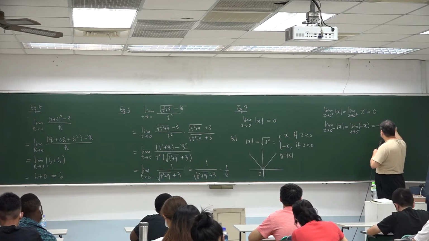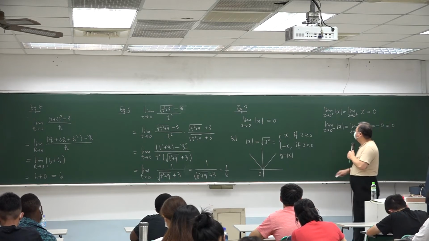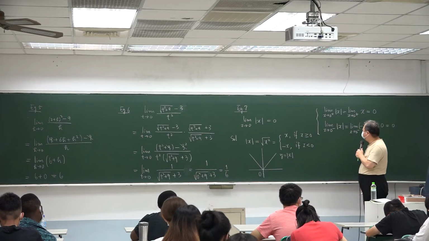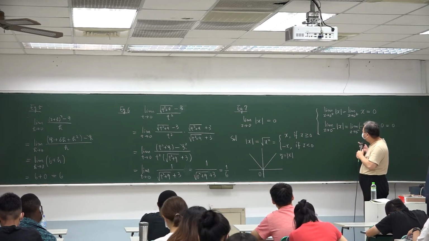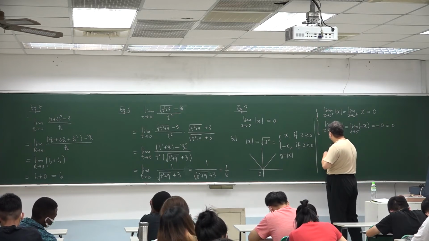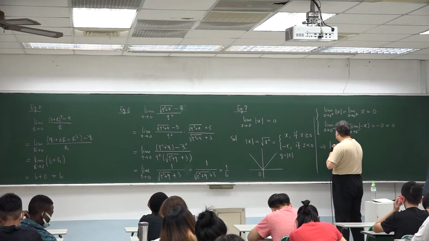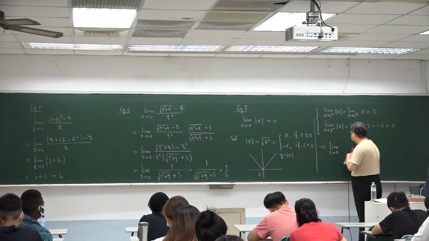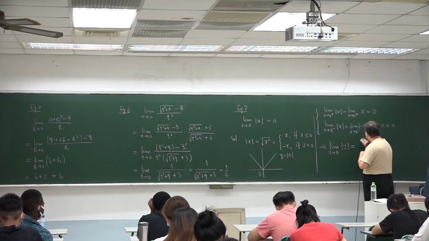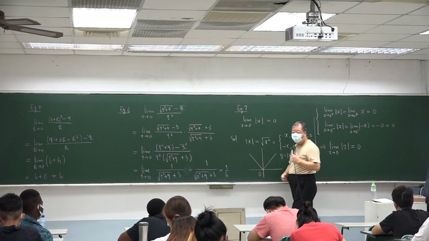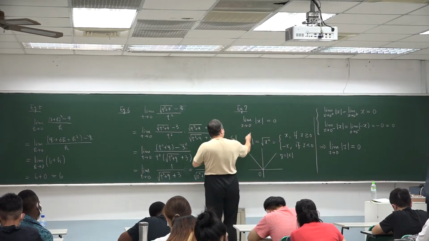Minus 0 is 0. Because at the position 0 the one-sided limits have the same value, we conclude the two-sided limit at 0 is the common value, 0. This proves this statement.